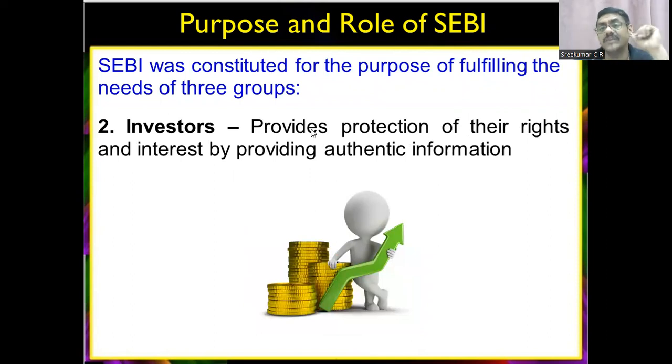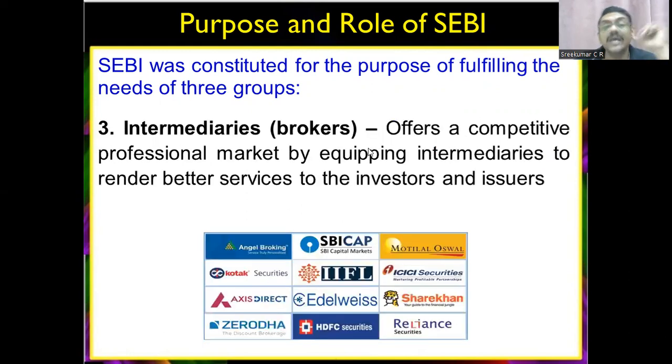Then SEBI helps investors. A lot of protection will be given. Their rights will be protected against all the fraudulent misappropriations done by the brokers as well as the company. Then it also helps the intermediaries, the brokers. They are given a lot of information, some training, some developmental classes and training sessions.